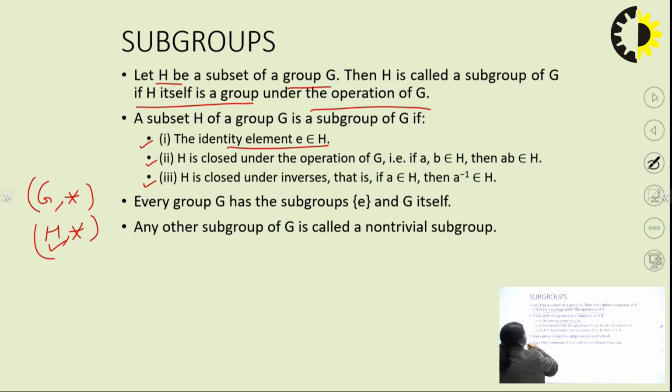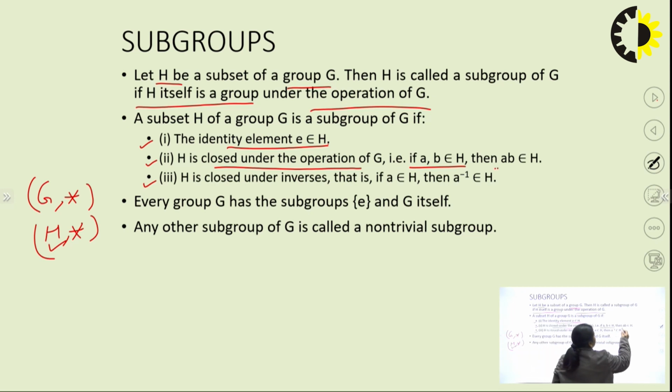The second property is that H is closed under the operation of G. What does it mean? It means if I have a, b belonging to H, then ab, meaning a star b, should also belong to H. When I write this simplified notation, I am referring to the operation a star b.